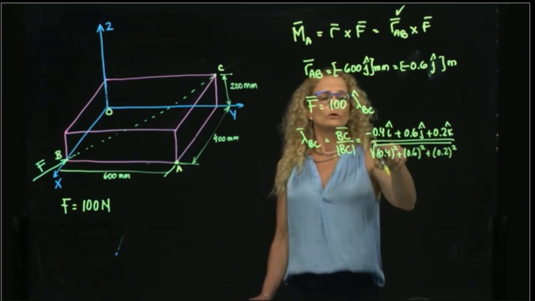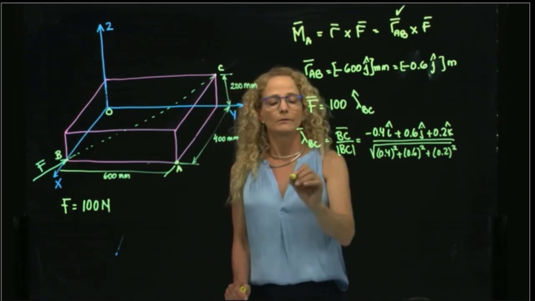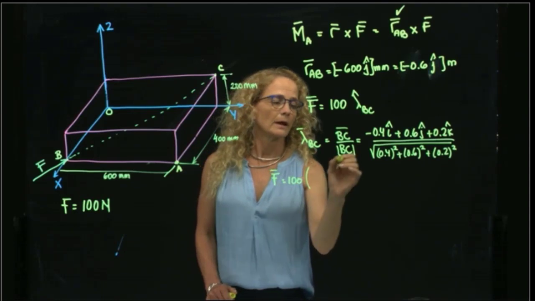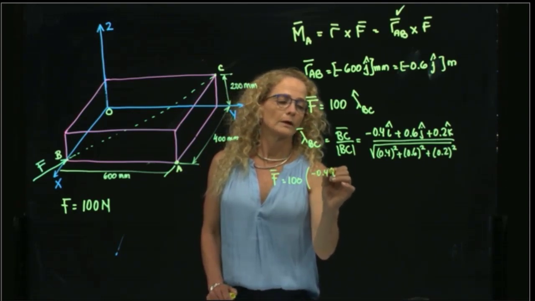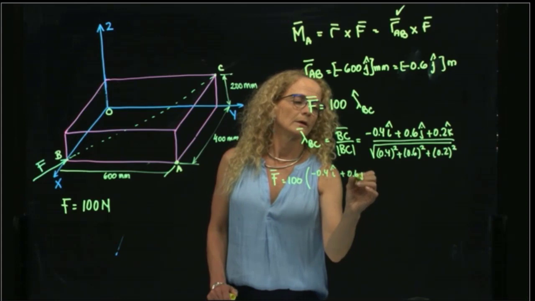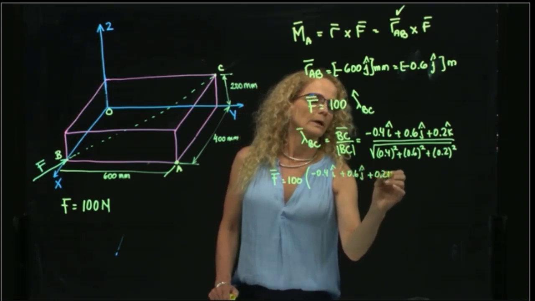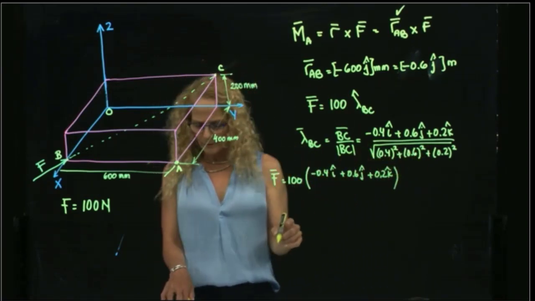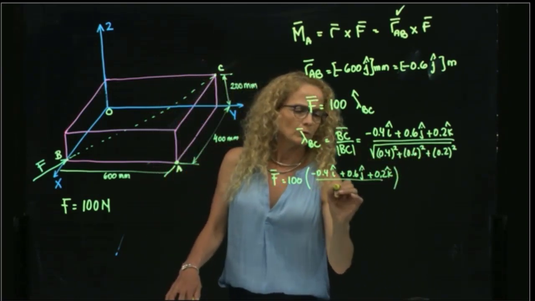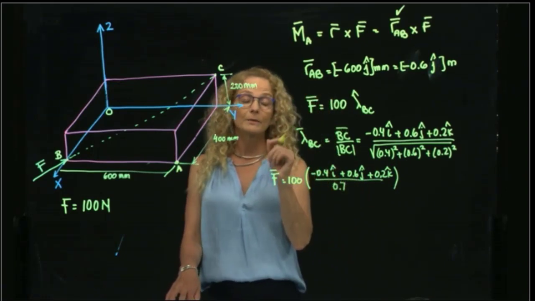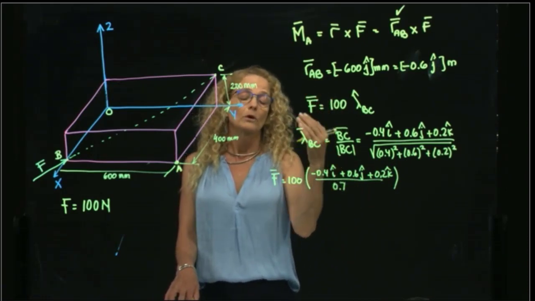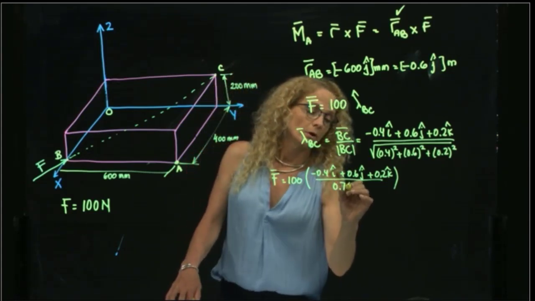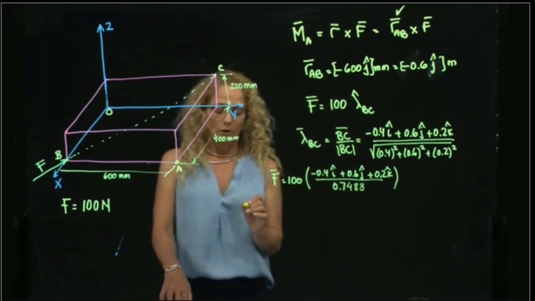So that's my unit vector. If I multiply that by this force over here, I get 100 times negative 0.4 in I, 0.6 in J, 0.2 in K, and I have the value of this square root. Please remember, I will write 4 decimals, but keep as many decimals as you may in the calculator so that you can have the least rounding error.